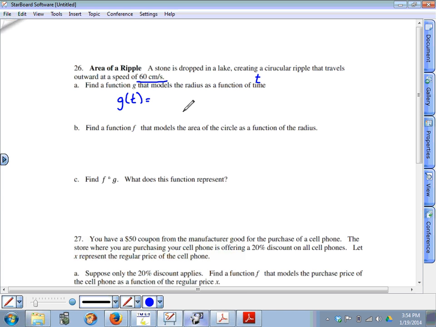When time is 1 second, how far do we expect the circle to have expanded? If it's expanding 60 centimeters per second, then after 1 second, it's expanded 60 centimeters. After 2 seconds, it's expanded another 60 centimeters, would be 120 centimeters. After 3 seconds, it would be 180 centimeters. So the function here that we could use is 60t.